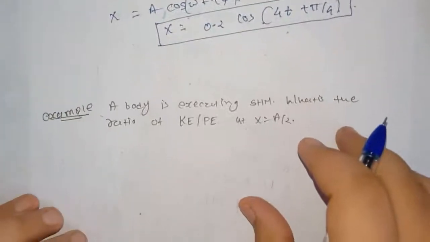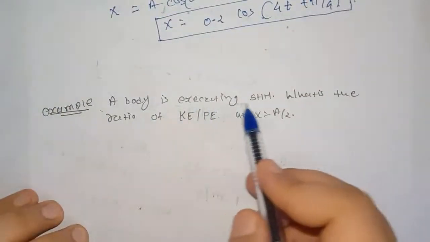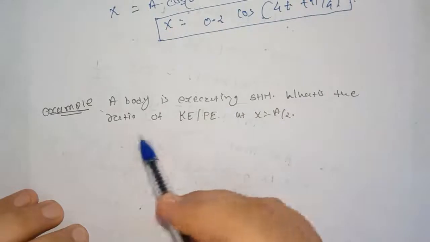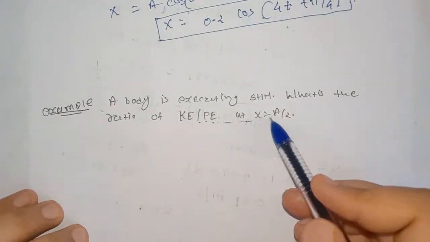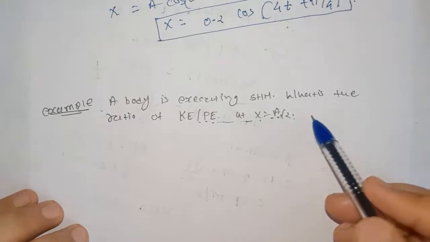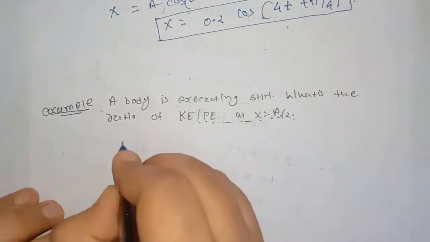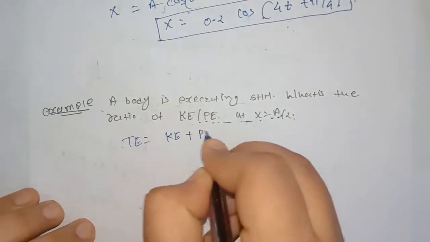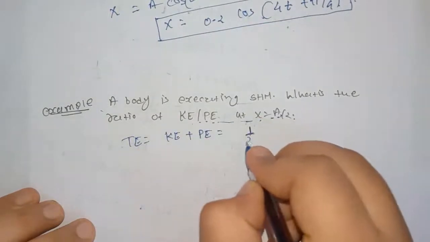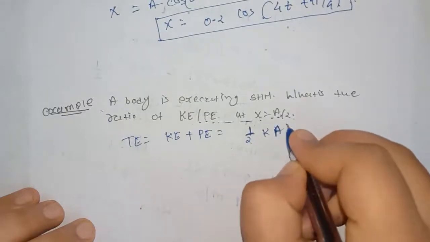In the next example, a body is executing SHM. We want to find the ratio of kinetic energy to the potential energy at x equals a by 2. The total energy, kinetic energy plus potential energy, is equal to half Ka square.